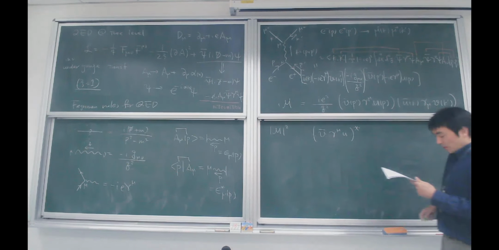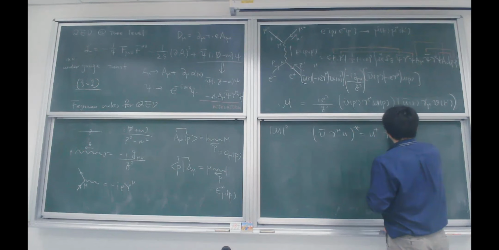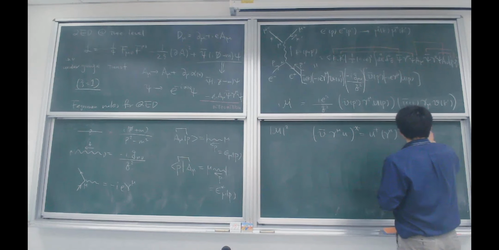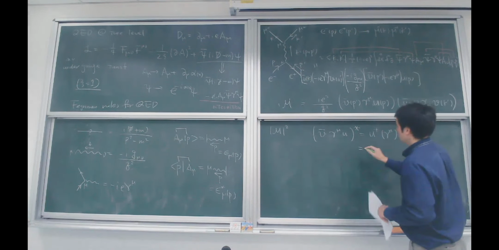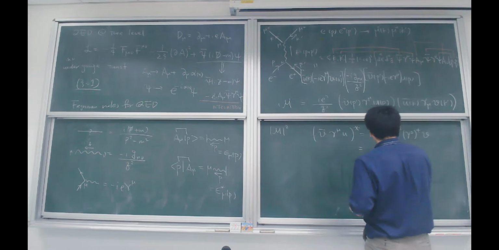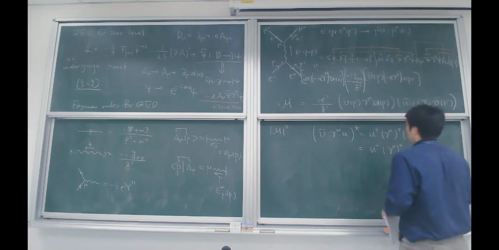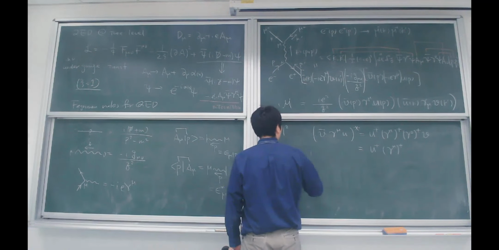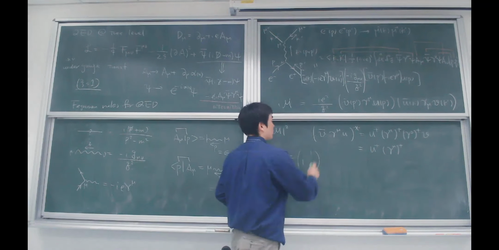And this one is super easy. Dagger, gamma mu dagger, and u dagger, gamma mu dagger, and the gamma 0. So if you take this coordinate, gamma 0 is essentially 1, 1, right? As I mentioned. So therefore, the complex conjugate is just gamma 0.